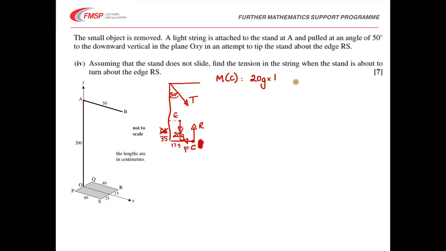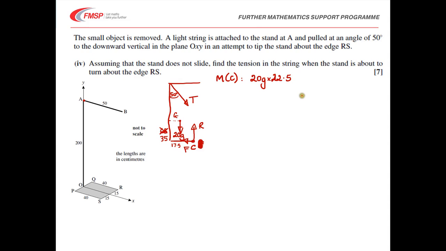Okay, so as I say, taking moments for the mass here, we've got 20G times 40 minus 17.5 is going to be our horizontal distance from the pivot there, which is going to give me 22.5. And we've then got a couple of components of T to think about. If we split T into perpendicular components, one of them will act vertically downwards and hence in an anti-clockwise sense around C. The other one will act horizontally left to right, and that's going to act in a clockwise sense.